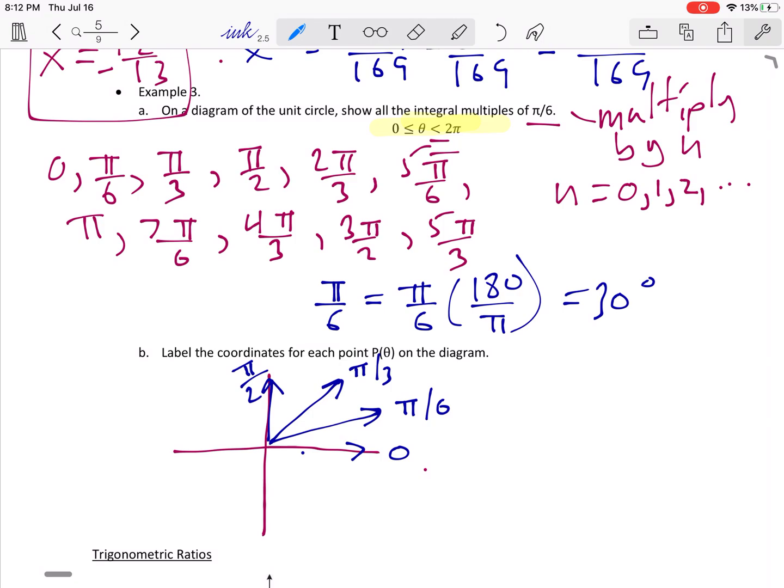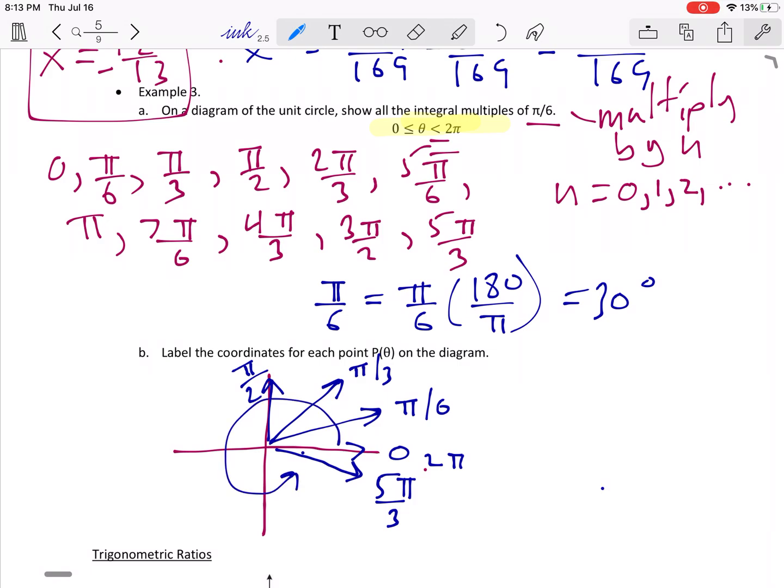Okay, and then we can wrap all the way around using those other additional multiples, right? Like if we wrap around like this one here, that would be our 5 pi over 3, right? Because when we come around, this becomes 2 pi on this side. Okay, so remember, you go counterclockwise.